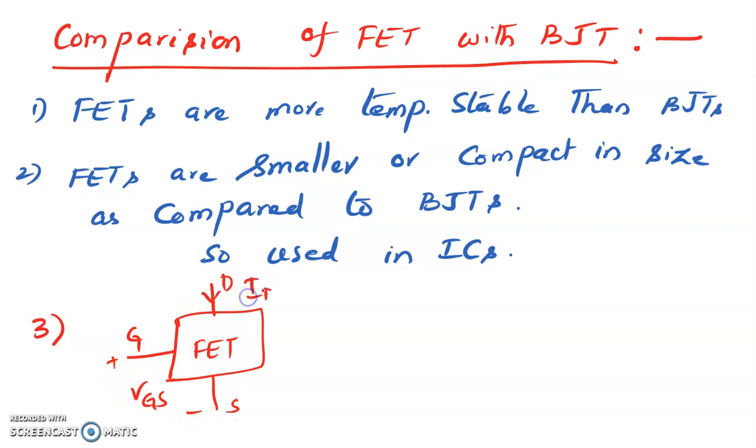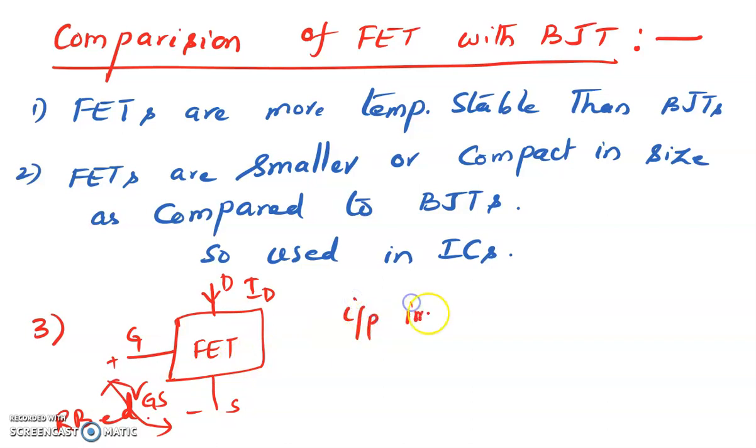This is the drain current ID, the output current. The gate terminal is always reverse biased, so the applied voltage is always reverse biased. So the input junction is reverse biased, and that's why the input impedance of a field effect transistor is very high.